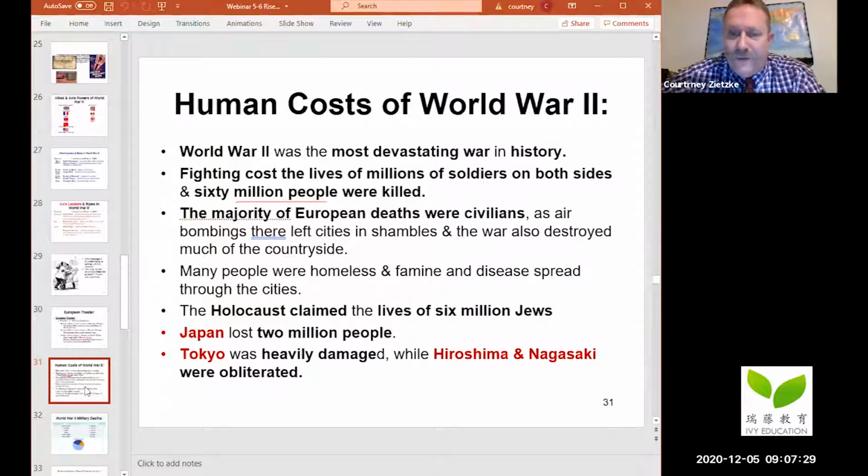The damage was so extensive to Germany and to the city of Berlin in particular that major restorative effort and rebuilding was not completed until 1989. So it took 44 years to finally rebuild Germany to what it is today.